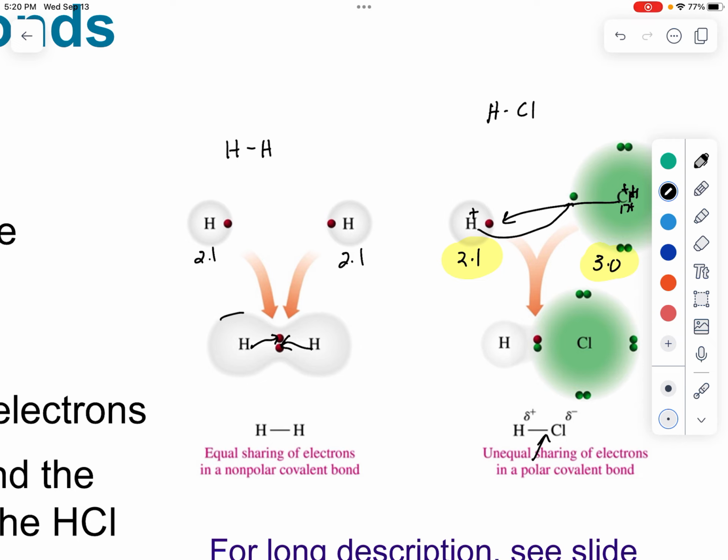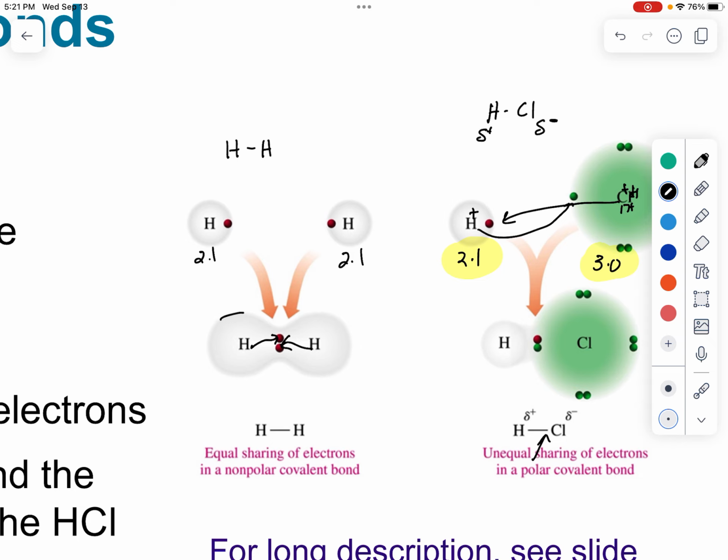So if it has, let's just say, for example, it's getting 30% of the electron from hydrogen, well, then it's going to have 17.3 electrons on average, but only 17 protons. And so it will have a partial negative charge because it's got 17 protons, but slightly more than 17 electrons.